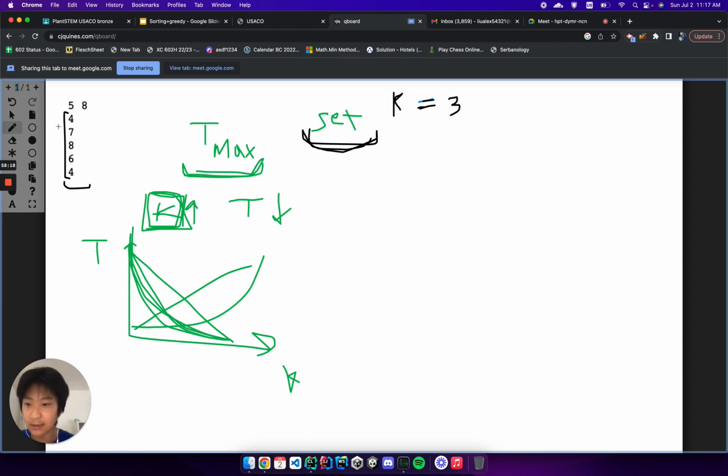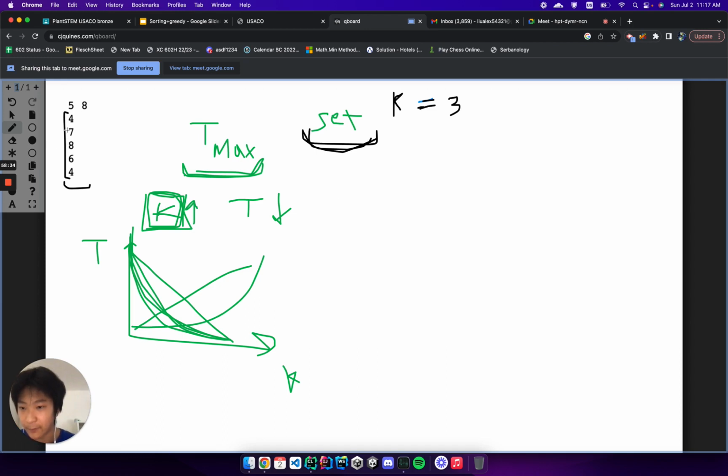What we do is insert the time that each cow is going to finish their performance or dance on stage.